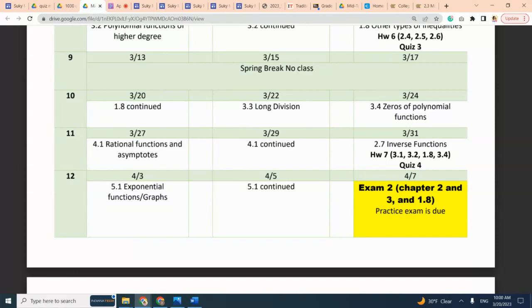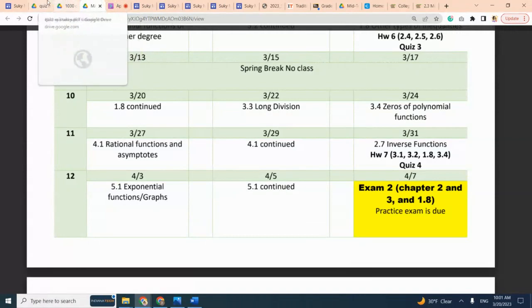Please submit those pieces of work as soon as possible. And when is our exam 3? It is on March 7th. Exam 2, sorry, exam 2. Right, exam 2 will cover chapters 2 and 3 and section 1.8. And so today we'll talk about section 1.8.